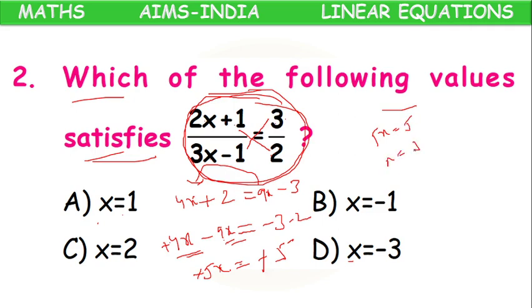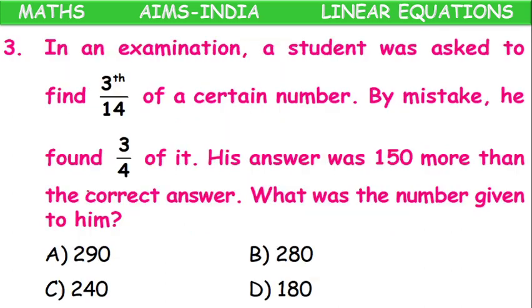So x equals 5 by 5. 5 ones are 5. So this equation is satisfied for x equal to 1. Option A is the correct answer.